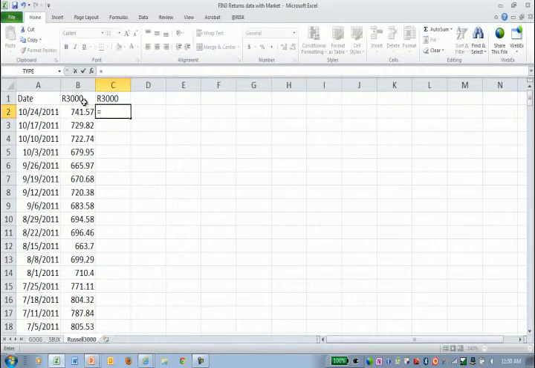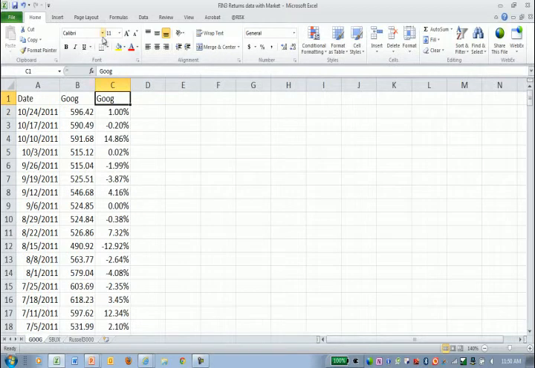Calculate my returns. Right. So here's what the market did this week. Do you remember what Google did this week, this final week of our sample? Up 1%.